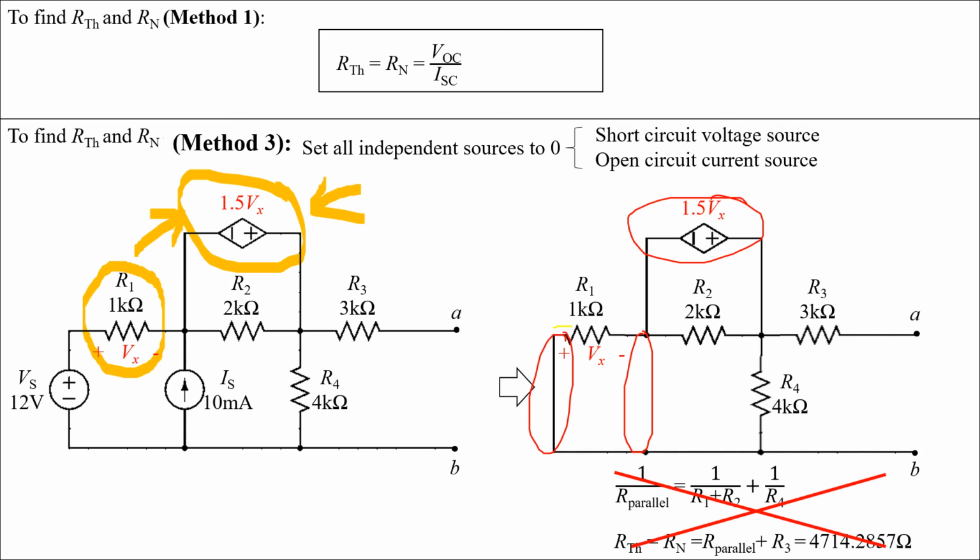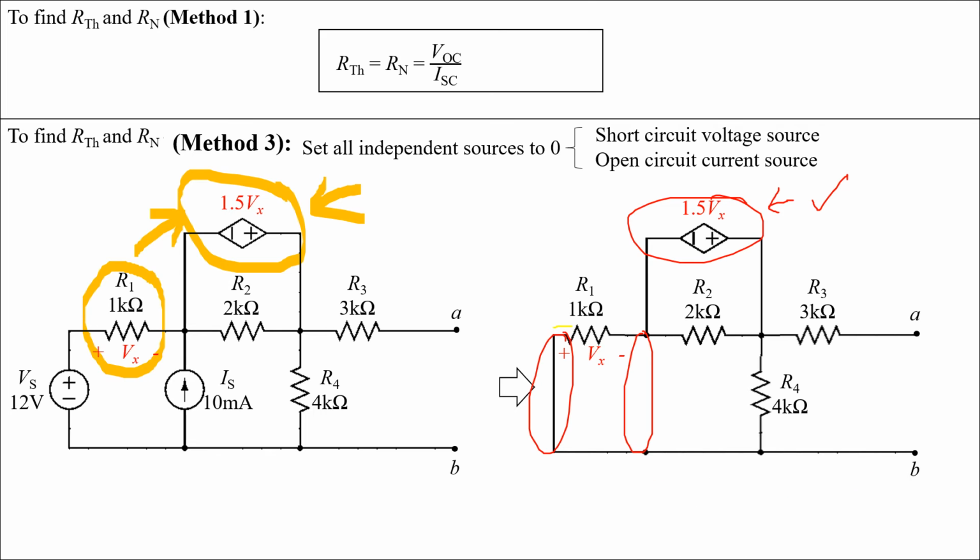So we set all the independent sources to 0 while leaving the dependent sources there. We cannot use a simple method like method 2 to find the resultant resistance because there exists a dependent source in this circuit.